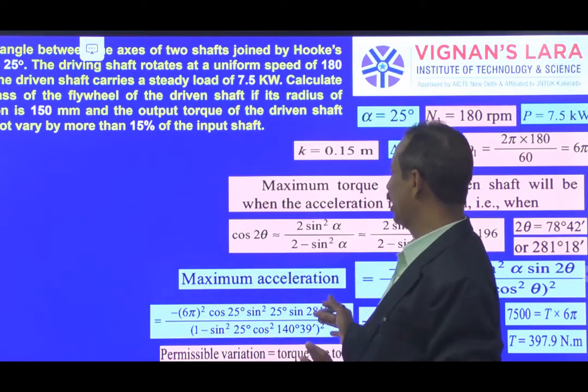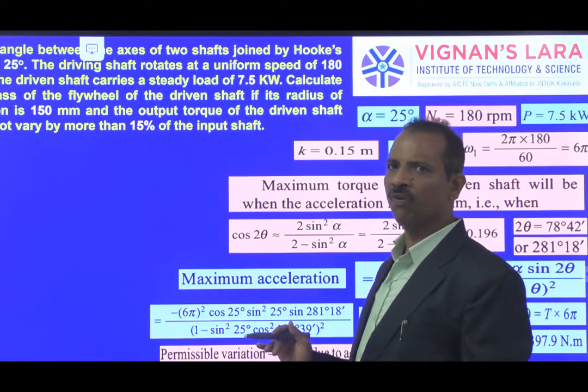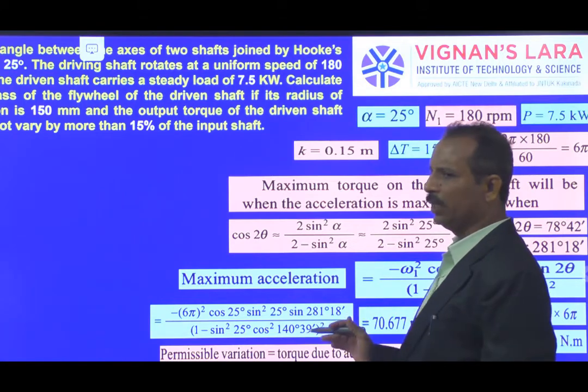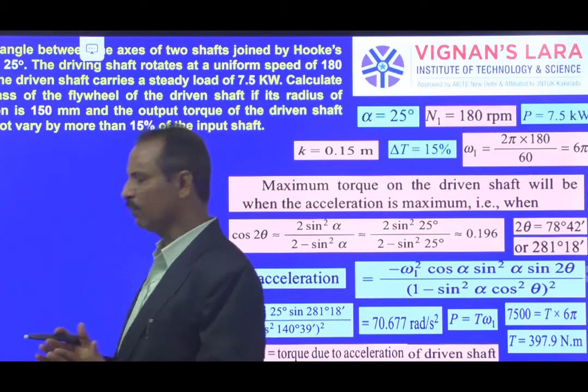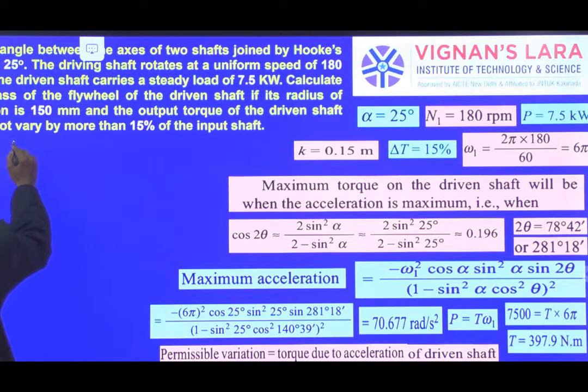This is similar to the previous problem, but in this they have asked to find out the maximum acceleration, and it is combined with another set of data. The angle between the axes of two shafts joined by a hook joint is 25 degrees. Alpha is given, 25 degrees.